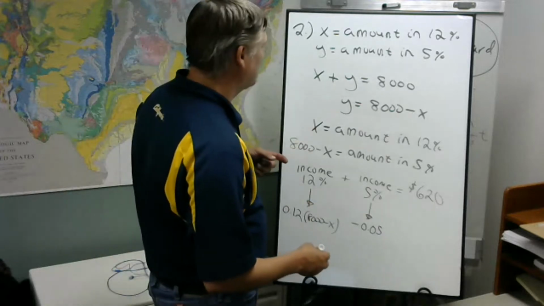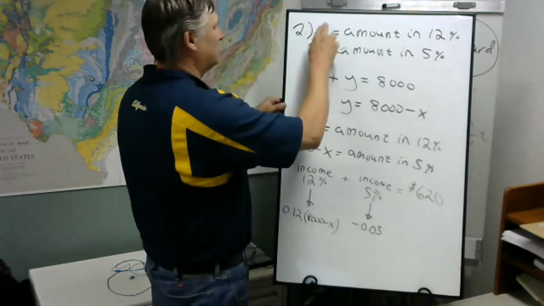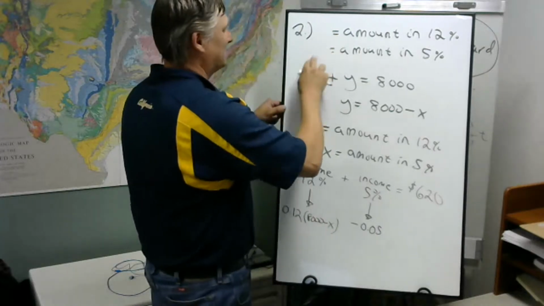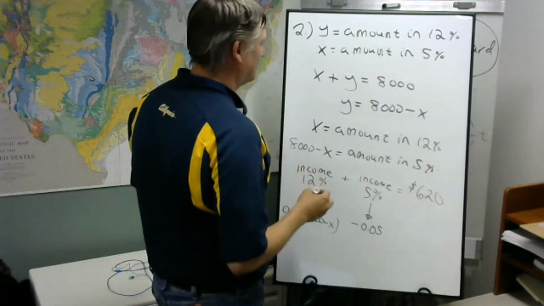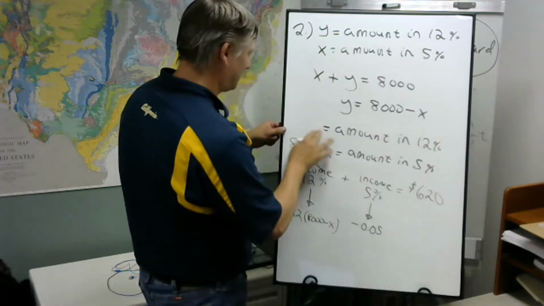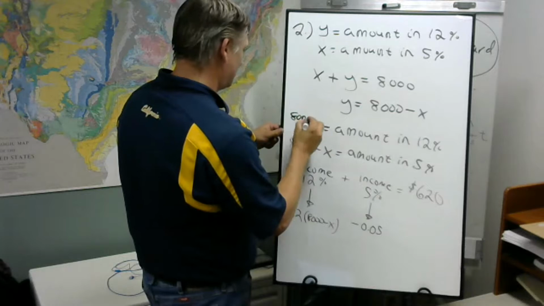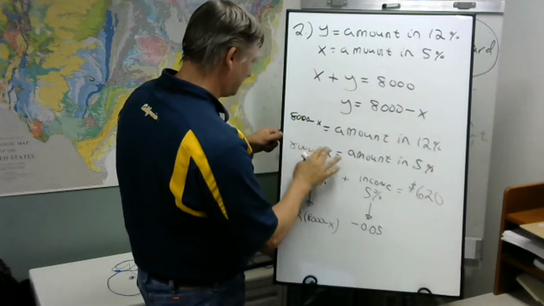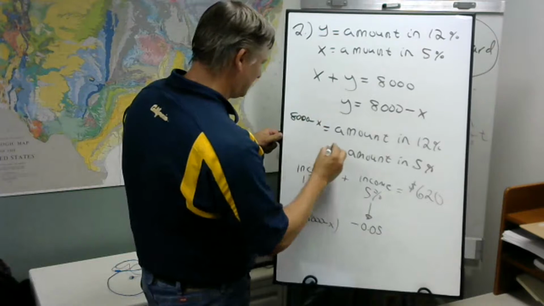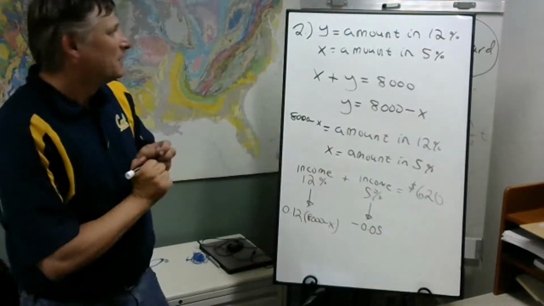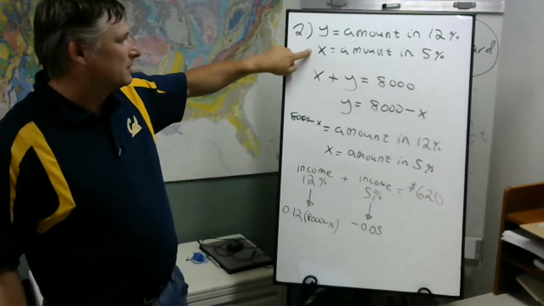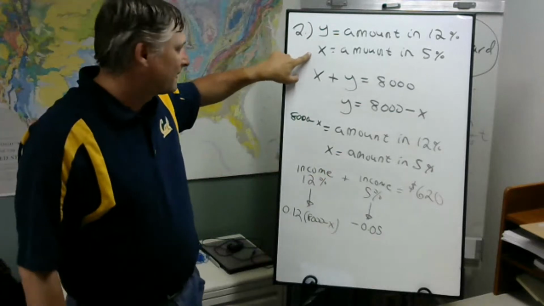Ooh, did I get things mixed up? I'm terribly sorry, I got this mixed up. I apologize. There we go. Sorry about that. Take a second to update your notes. The Y was the 12%. The X is the 5%.